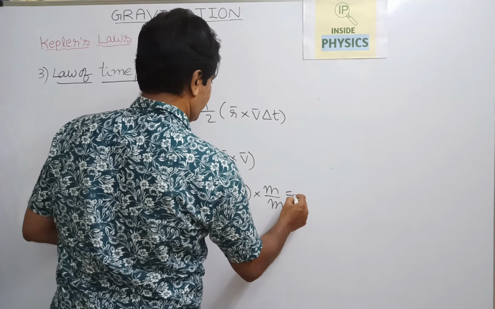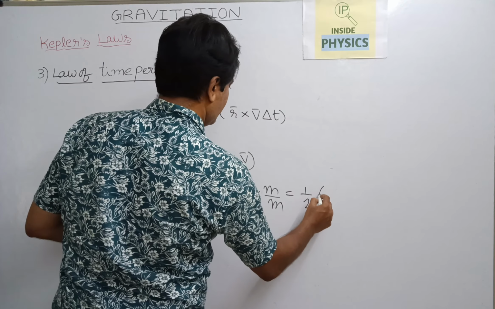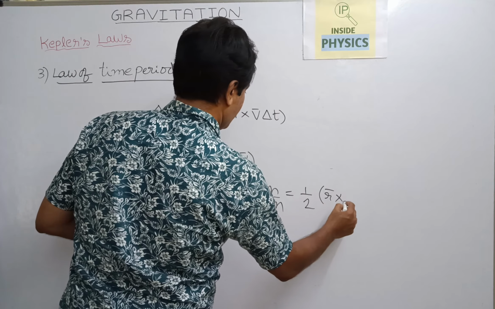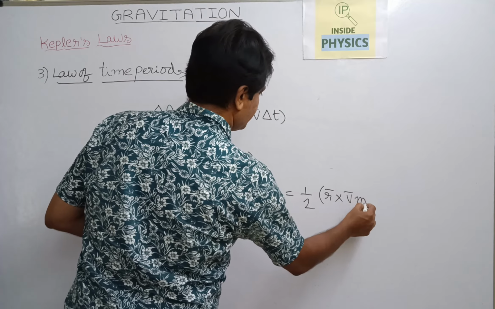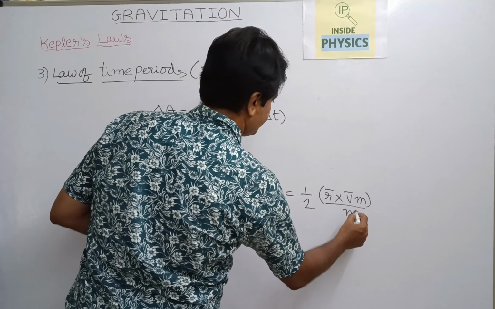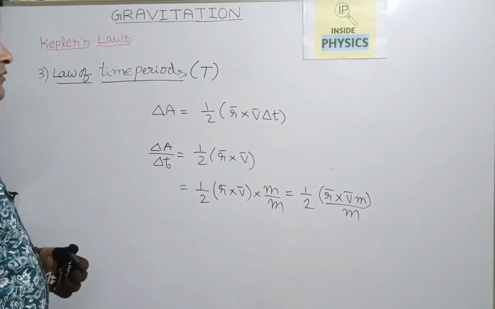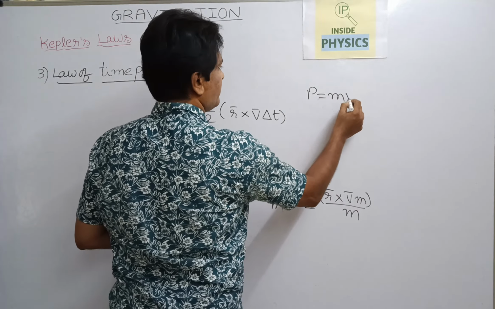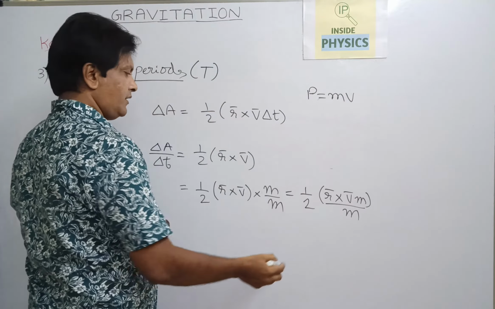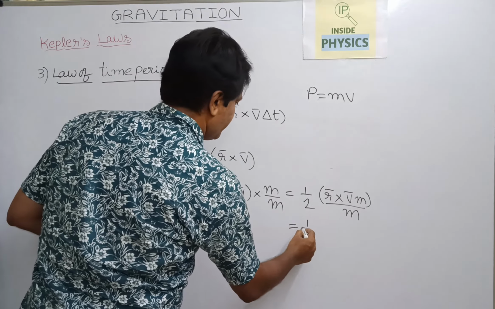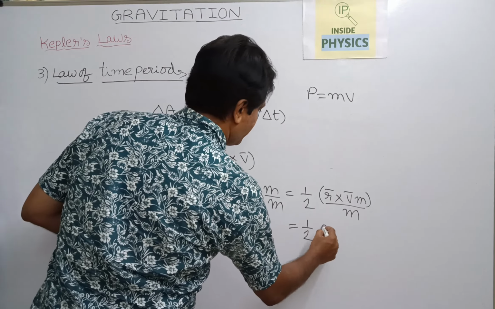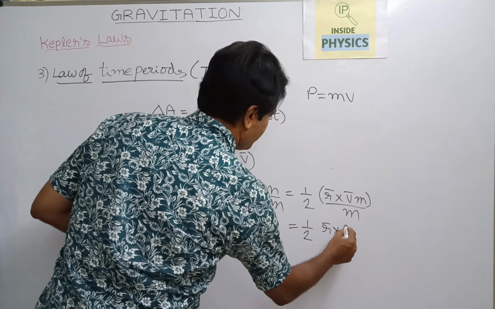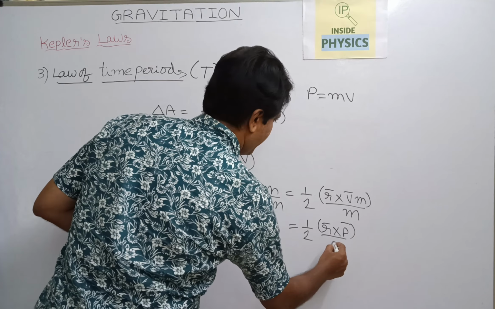So here I can write half into r bar cross v bar m by m. We know that the linear momentum p is equal to mv, right? So here we can write half into r bar cross p bar by m.